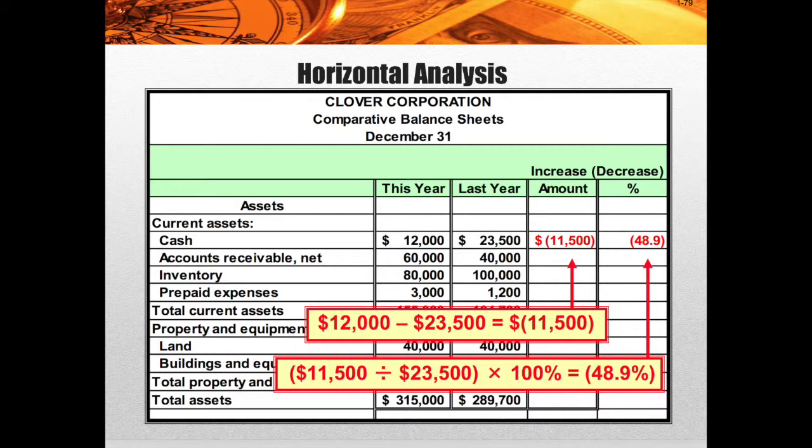Then we take that amount, the $11,500, which is the cash difference between the two, or the amount difference between the two, and divide it by the base year. So we would divide 11,500 by 23,500 times 100%, and we would find out that we have a negative 48.9% fall in cash from this year to last year.